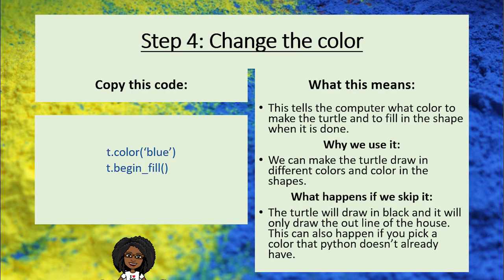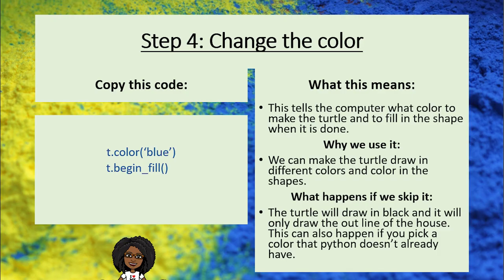Step 4. Change the color. Copy this code. You can pause the video while you type. What this means? This tells the computer what color to make the turtle and to fill in the shape when it is done.